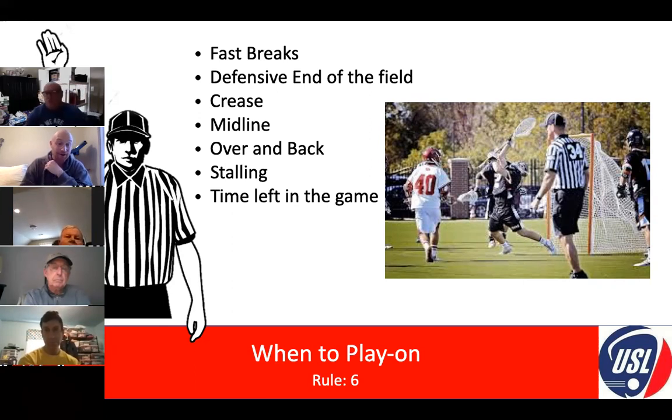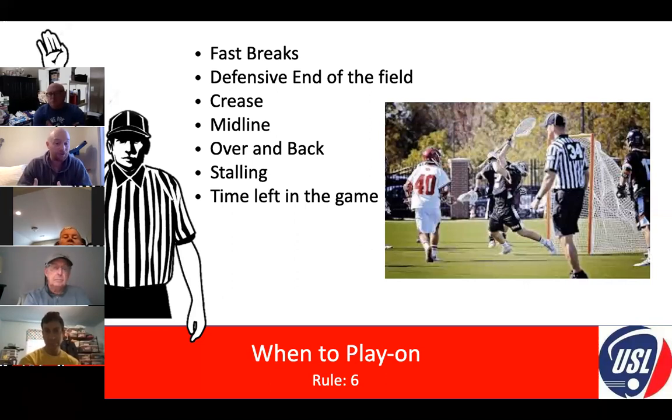How do we kill a stall? And then the biggest thing is the score of the game and the time left in the game. If we have a tie game with 12 seconds left and we have a play on, are we going to kill that play immediately, or are we going to let it go for just that second longer to see what happens? Everything is scenario based.